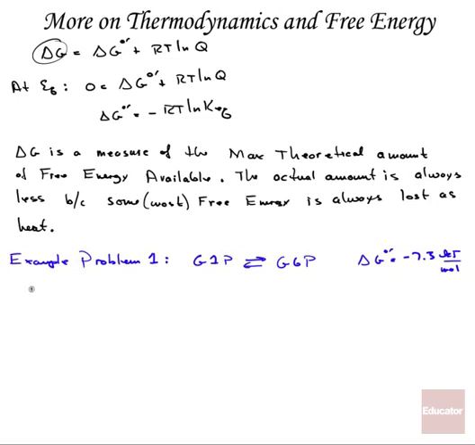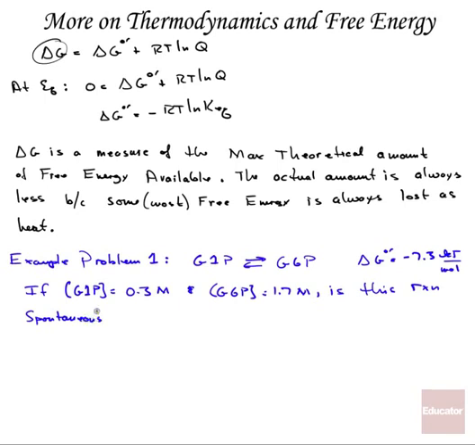Now, if the concentration of G1P equals 0.3 molar, and the concentration of G6P equals, let's say, 1.7 molar, okay, is this reaction spontaneous as written at 25 degrees Celsius?